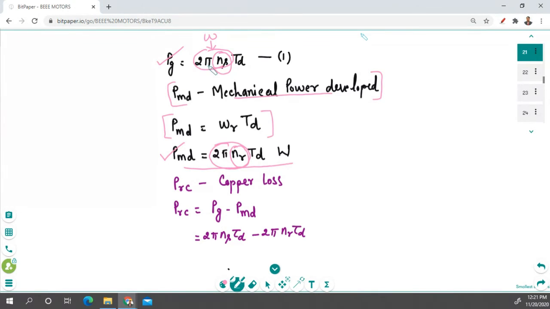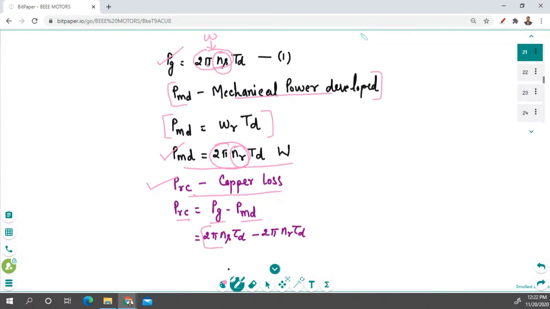Now we will consider that there are some losses also present in the motor. This Prc is the copper loss, and how you can achieve this copper loss we know very well. The copper loss can be calculated by input power minus the mechanical power developed Pmd.